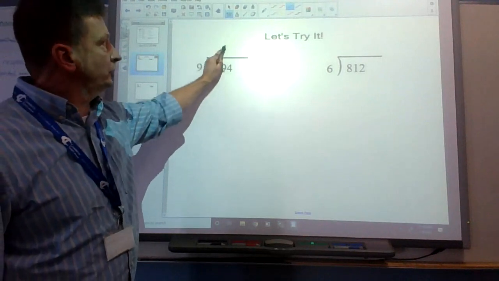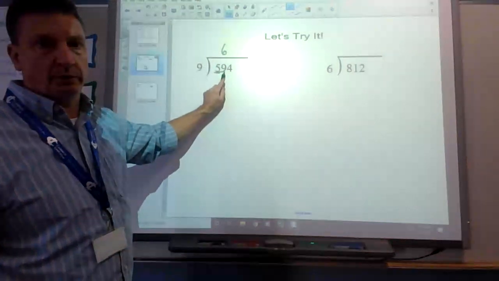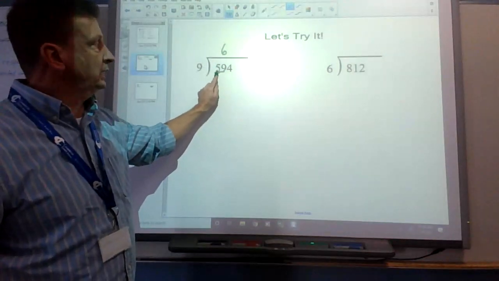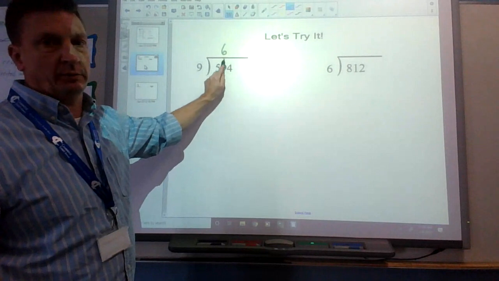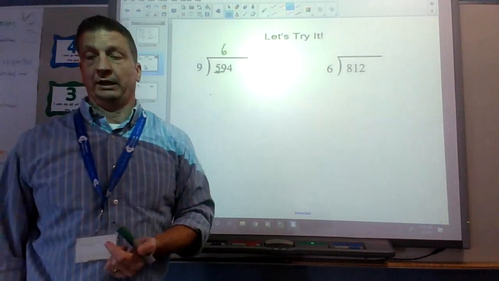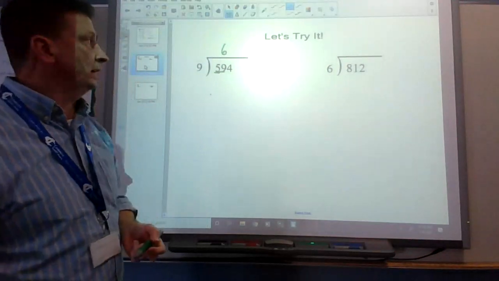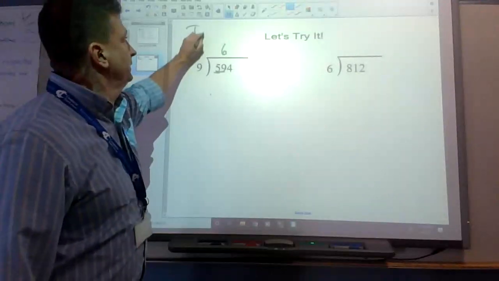You want to make sure you're writing your answer directly above and in the right place value. Since I'm taking 59 and dividing it, I want to make sure the 6 is right above that 9. This comes into play when we start dividing decimals, so it's very important to keep those place values lined up. So that was dad.